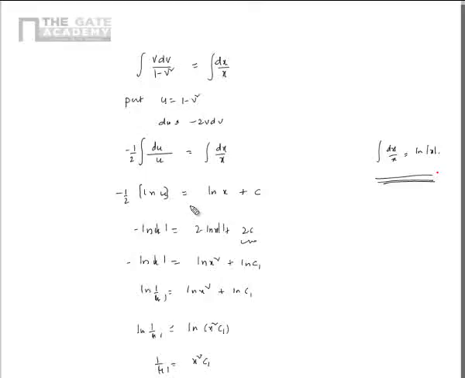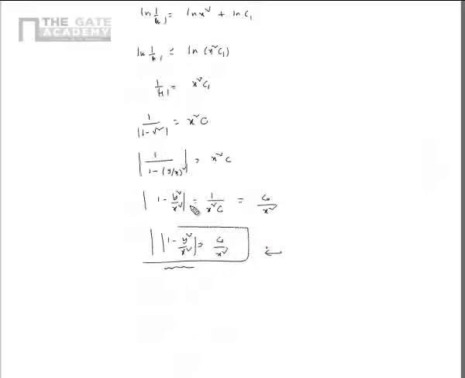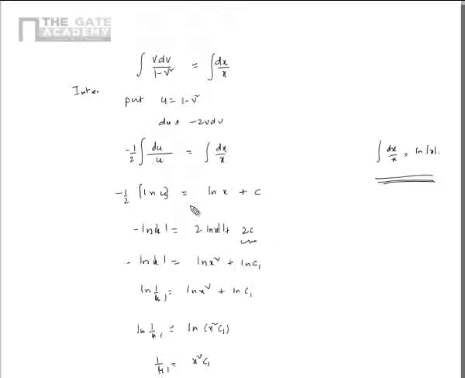Okay, so this is how you solve something by the homogeneous method. So let me put this as integration by substitution. Okay, so this was one example which describes how a homogeneous differential equation can be solved.